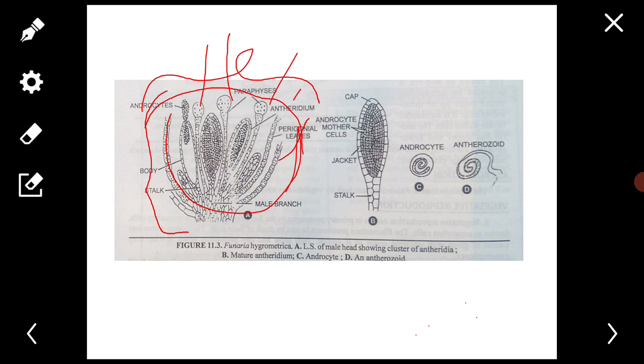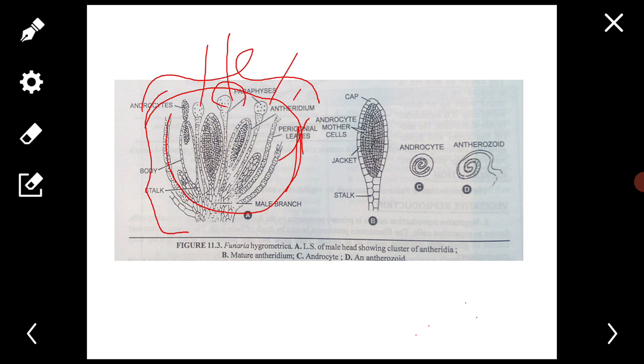Each paraphysis is unbranched, multicellular, meaning 4 to 5 cells, filamentous, hair-like structures. The terminal cell of the paraphysis is large, nearly spherical or capitate.